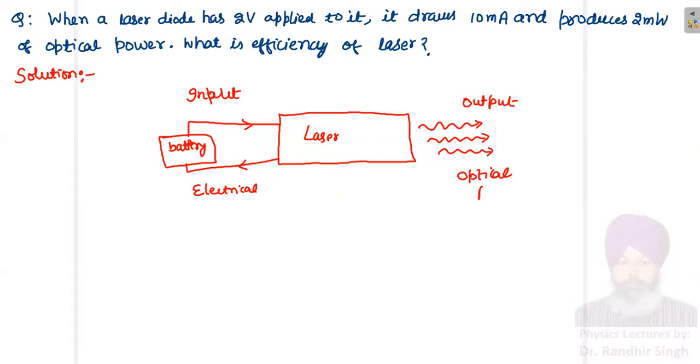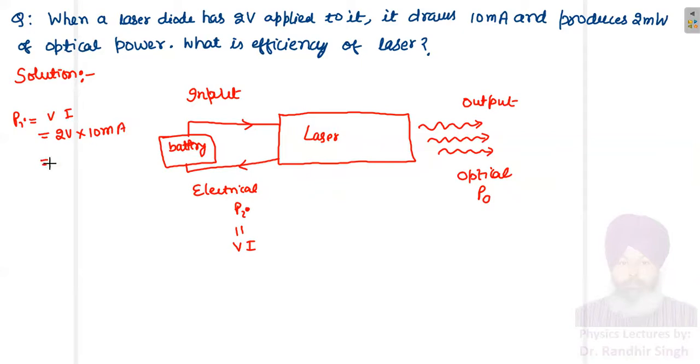So let us say the output power is PO and the input power is PI. Since it is electrical power, it will be equal to the product of voltage and current. So input power is V into I. Voltage is 2 volt and current is 10 milliampere.